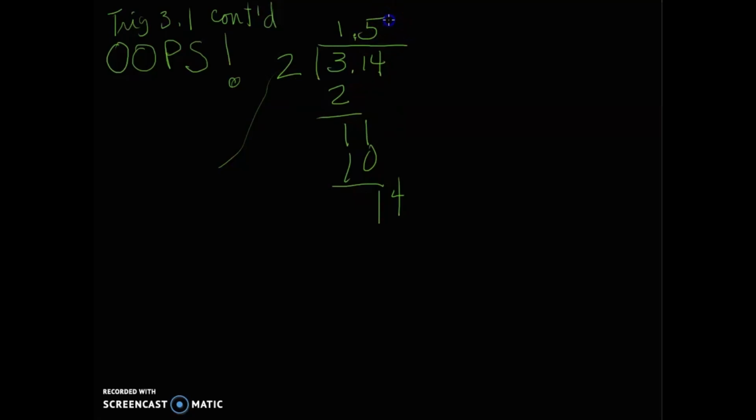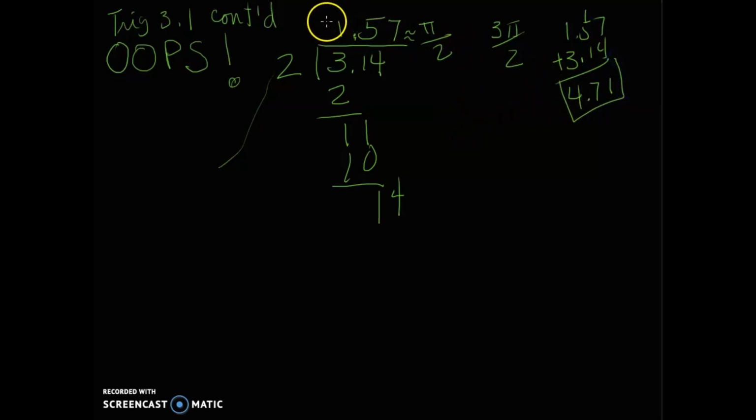2 goes into 14, 7. So pi is 3.14. Pi over 2 is approximately 1.57. And 3 pi over 2 is the 1.57 plus the 3.14, which is 4.71. Those looked wrong to me when I did them before, but I didn't catch it until after we were all done. 4.7 and 1.57 doesn't change that last problem we did.